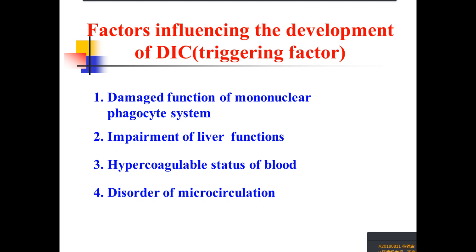Impairment of liver function: some coagulation factors are released by the liver. Hypercoagulable status of blood, which leads to increased coagulation function. Disorder of microcirculation, for example, the refractory stage of shock.